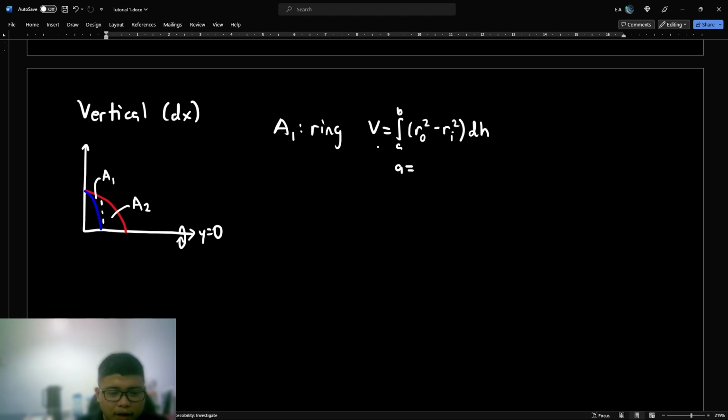So our lower limit, or our leftmost limit, is going to be equal to x equals 0. Our upper limit, or our rightmost limit, is going to be this intersection right here. This intersection is actually (1, 0). So our upper limit is equal to 1.